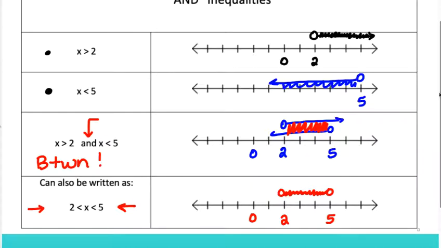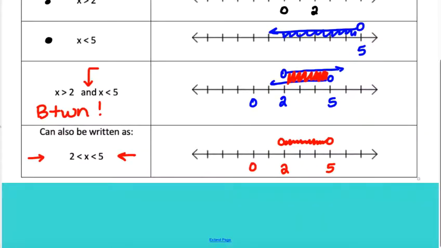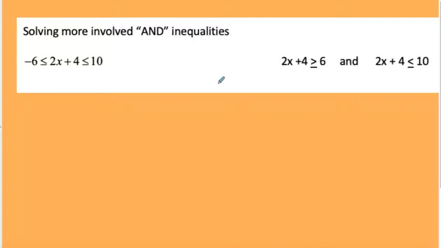All right, so how do we solve them when they're a little bit more complicated? All right, so these are the two ways we could have to solve and inequalities. You could be given one inequality with the variable in the middle of two different parts. To solve these, we solve them together. So we would do everything we would if they were individual, but we have to do it to all three parts of the inequality.